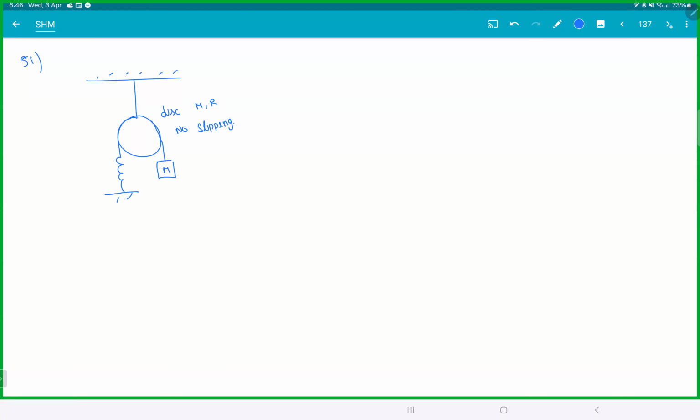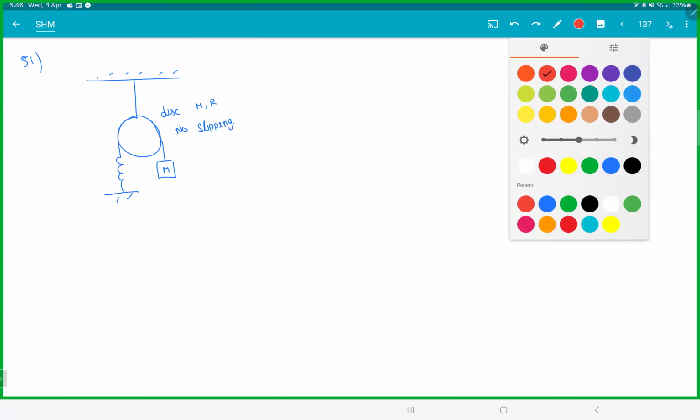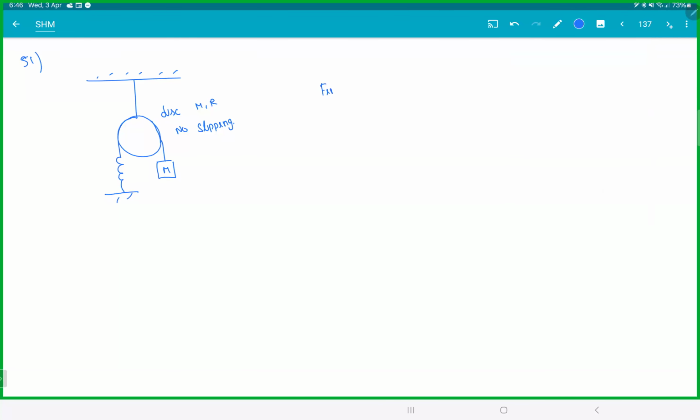Meaning, when you displace this, what will happen? The pulley also will start rotating. Meaning the pulley will rotate like this and the block will come down here. In the previous question, remember, K equivalent, there the pulleys were smooth. Find time period for small oscillations.